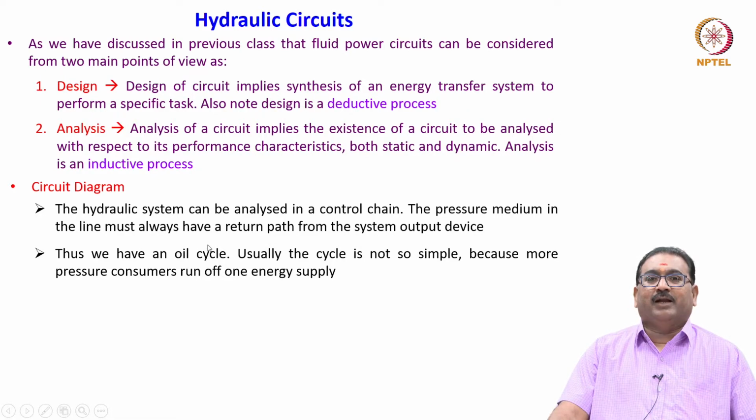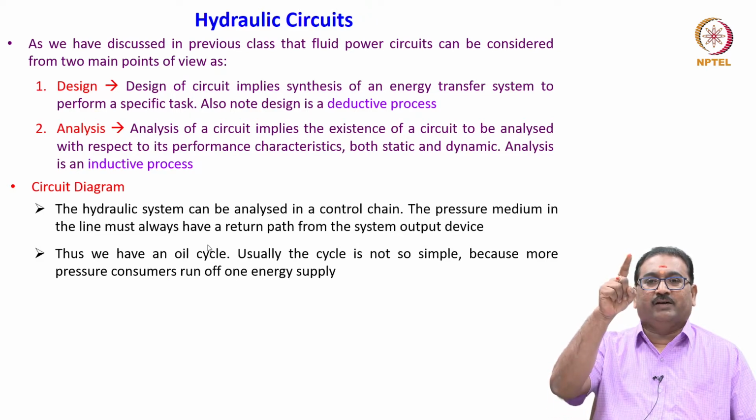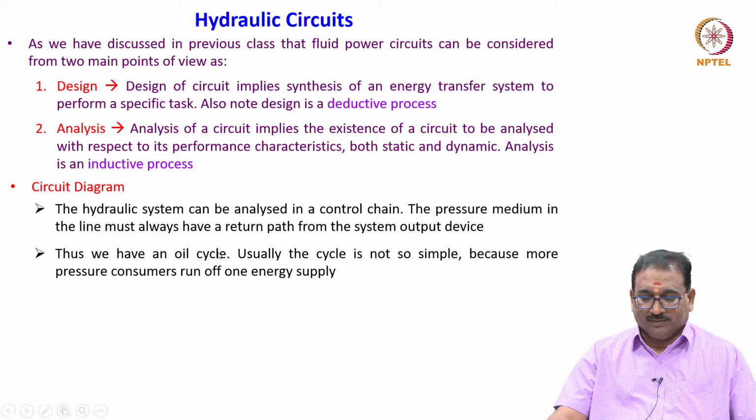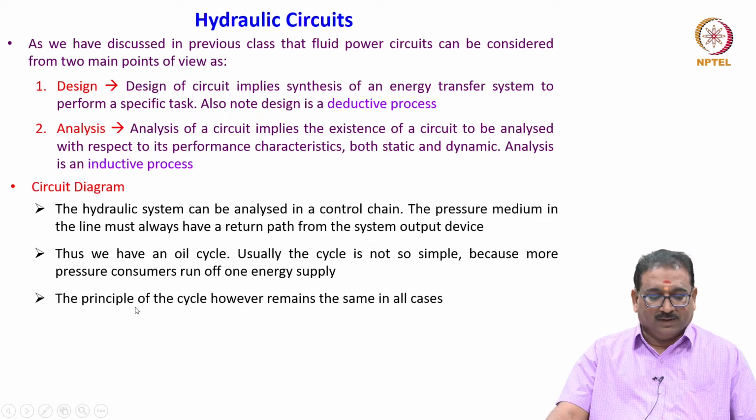The oil cycle depicts how the oil will flow from the tank to the pump to the valves, actuator, then how it will go back to the tank. Usually, the cycle is not so simple because more pressure consumers run off one energy supply. The principle of the cycle, however, remains the same in all cases.